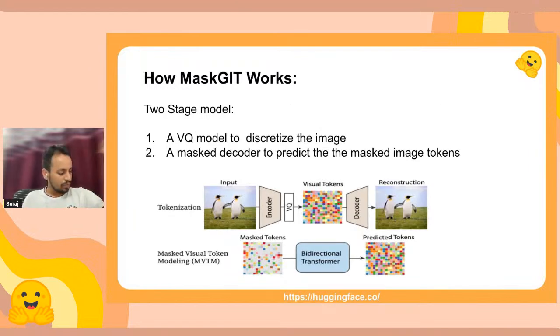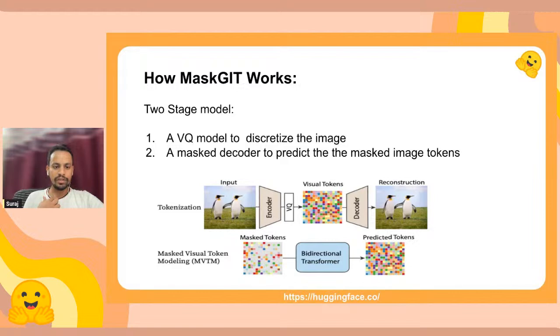Now we'll go over how MaskGit actually works. MaskGit stands for Mask Generative Image Transformer, and like the first Dolly and the Parti model, it's a two-stage model. The first stage is a VQ model. I won't go into the details of VQ models here. You can look into Taming Transformers, or there are lots of cool resources for understanding VQ models.